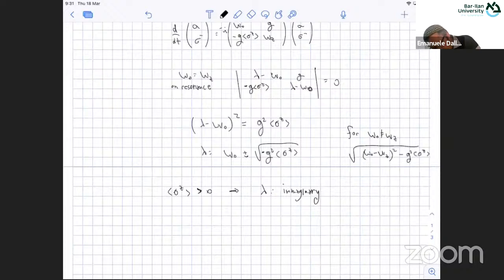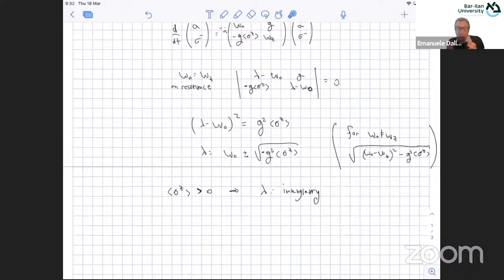There may be factors of 2, but roughly speaking, this is what you obtain. So if omega z and omega 0 are very different from each other, then you never get the imaginary part. To get the imaginary part, you need either that omega 0 is equal to omega z, or that g is very big. By the way, one possible definition of weak coupling versus strong coupling is actually this one, but that's not the one I was using here.